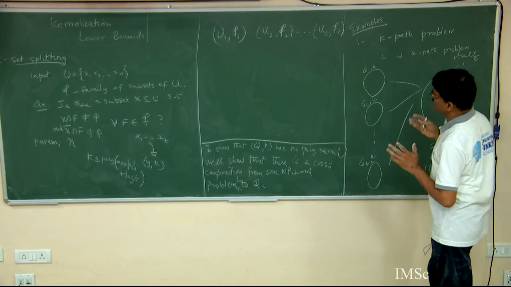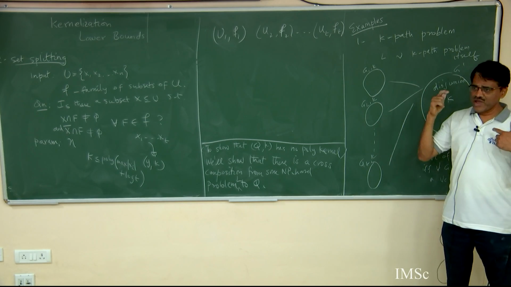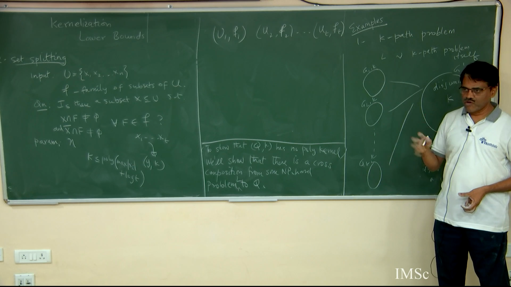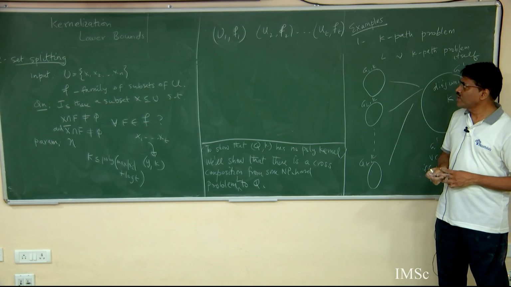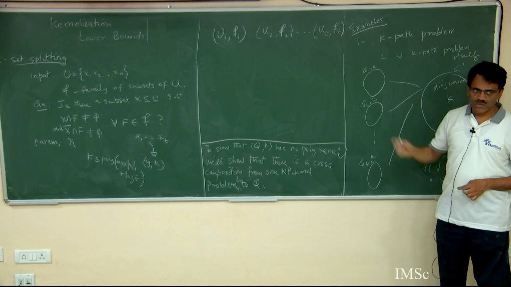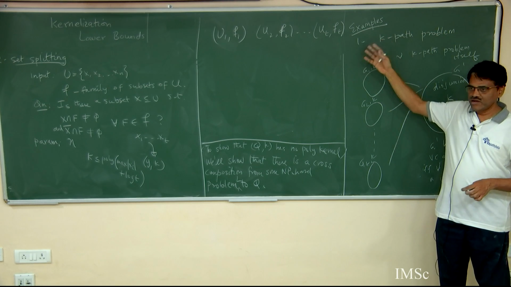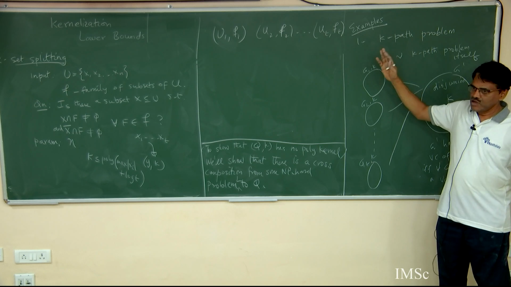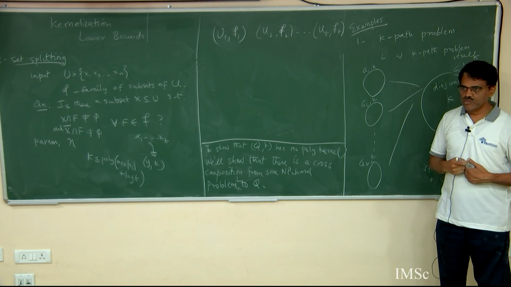Just to make sure that log t is an integer, let us make t a power of 2. If necessary, just make copies of some of these instances, so that you have a power of 2 many instances.